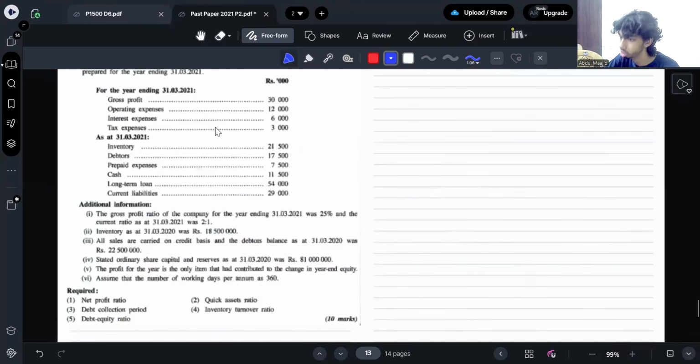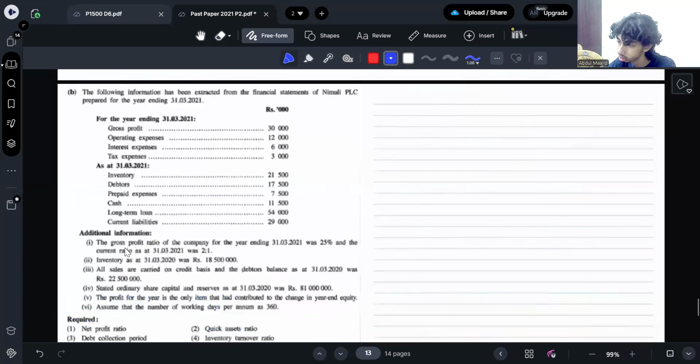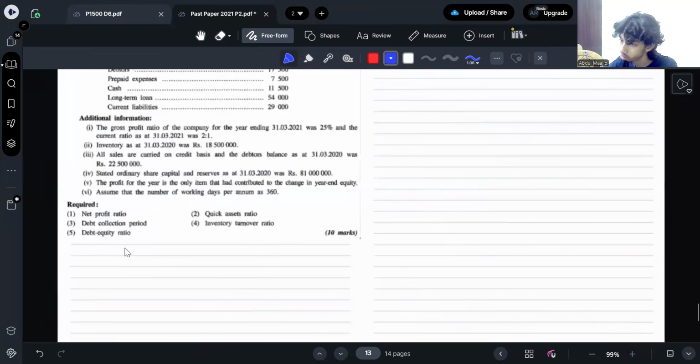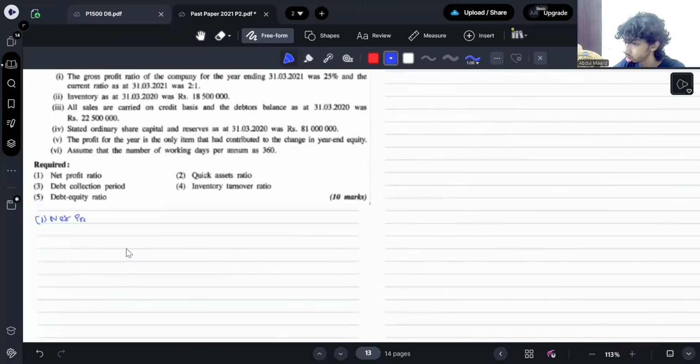Then the ratios. So ratios, first one, net profit ratio. Net profit ratio equals net profit divided by sales multiplied by 100.